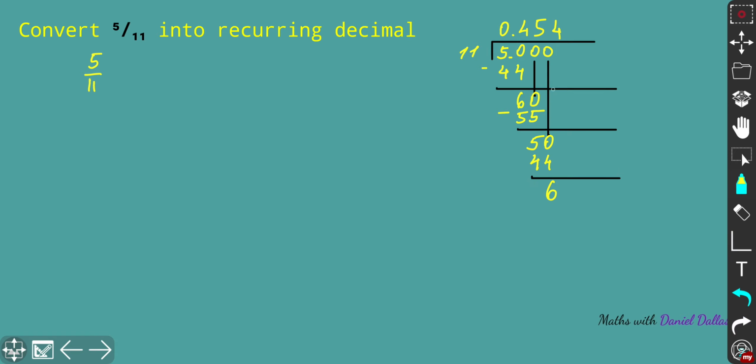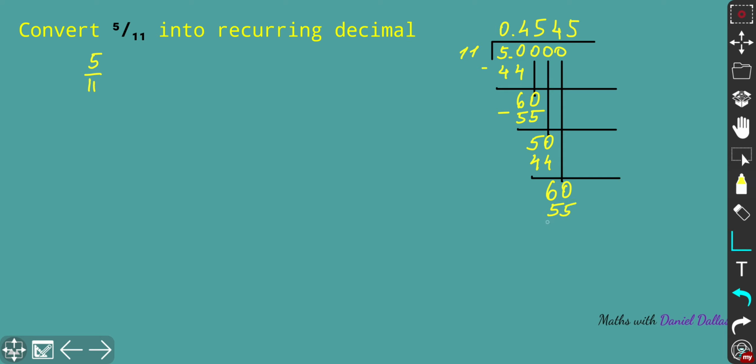Okay, 6 is not divisible, so you take the next 0 and just put it down right here. You try now to divide 60 by 11. Again, you can take only 5 times in a row. You multiply them back, you get 55.